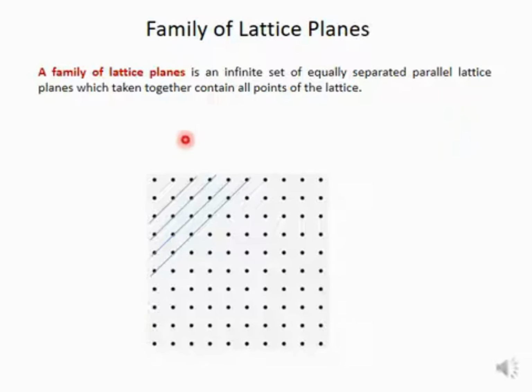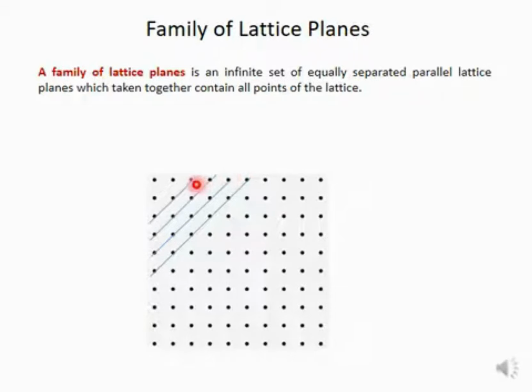So imagine such a family, such a set of planes. All these planes shown here are equidistant from each other, and all of them contain lattice points.